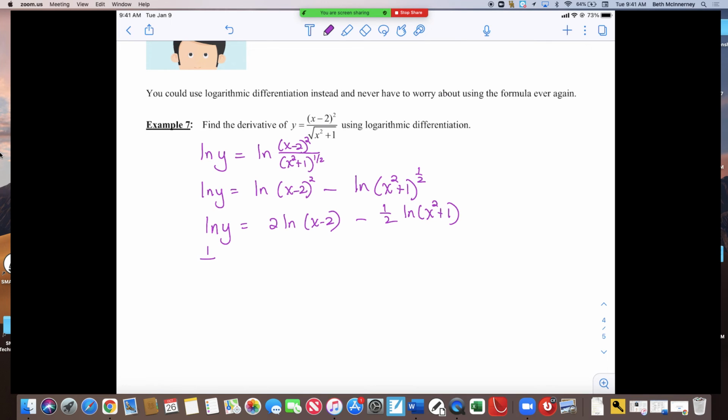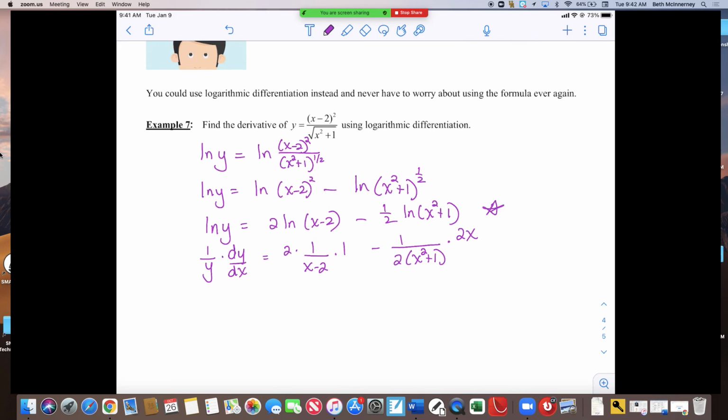So this is 1 over the stuff times the derivative of the stuff. So this is 2 times 1 over x minus 2 times 1. So I'm going to put the stuff down with that 2. Oh, do you see?